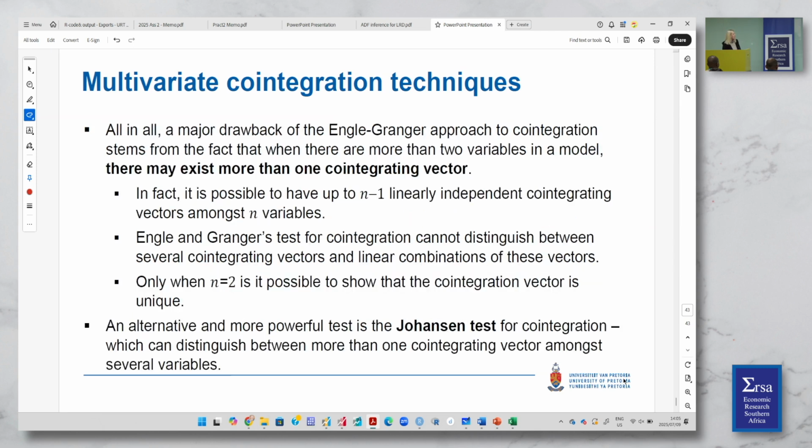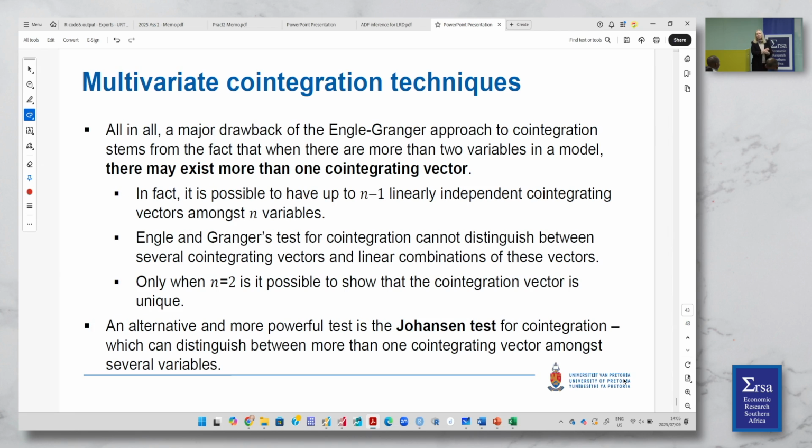And I think this is the end, almost. Yeah, it's saying the same things that I've already said. So the thing is, if we have n variables, you can have up to n-1.